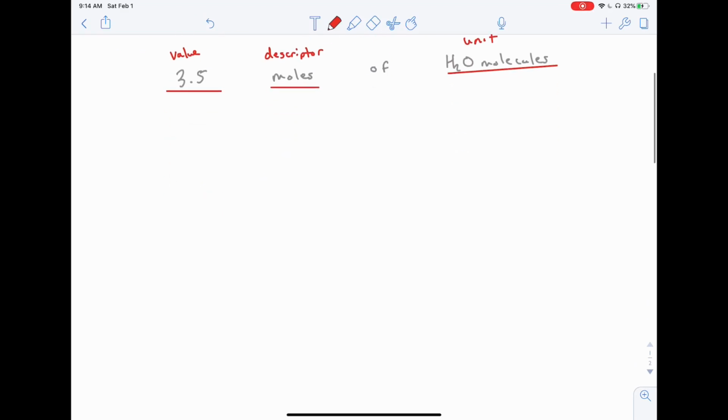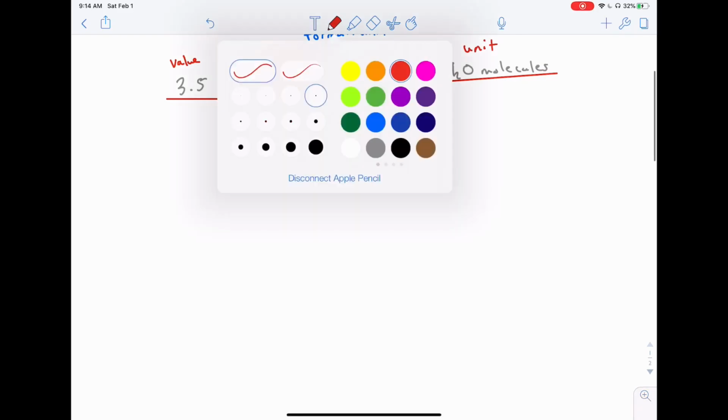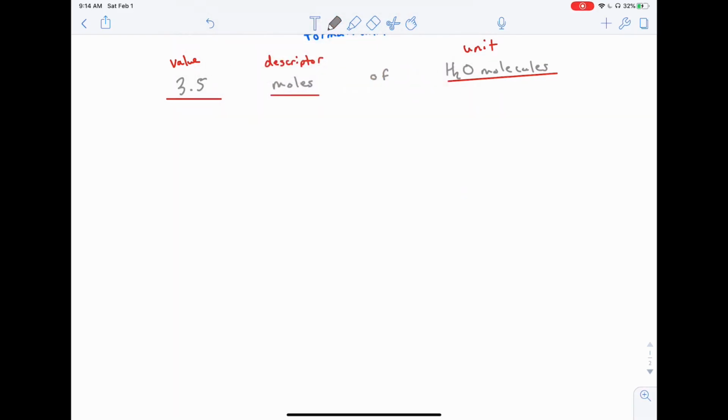And so let's say, for example, I wanted to know how many total molecules we had in a substance. Like if I wanted just H2O molecules and I wanted to get rid of the word moles, I would need to multiply by what that descriptor means, which is 6.02 times 10 to the 23rd.